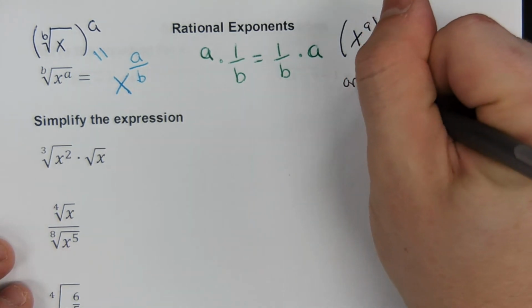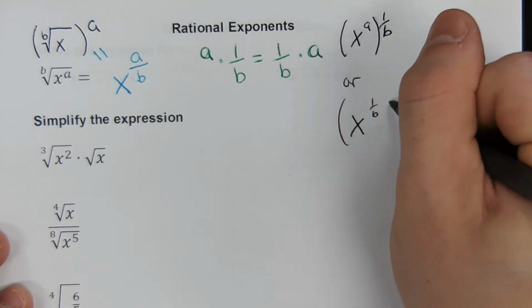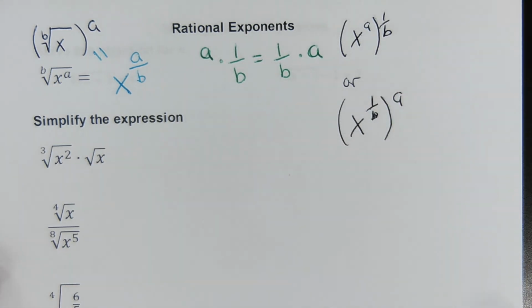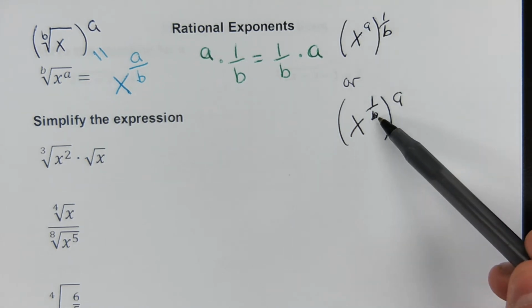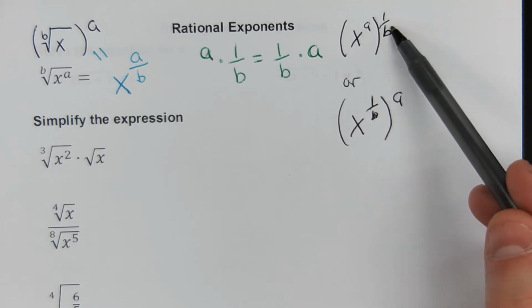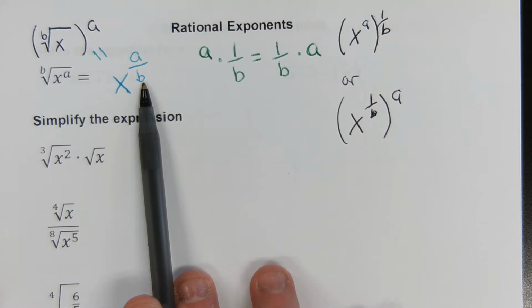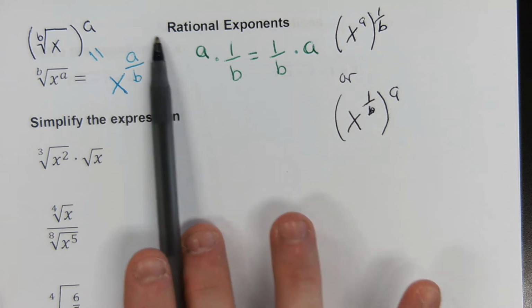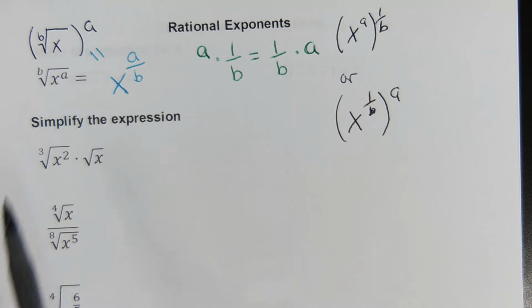Or I could have said it was x to the 1 over b raised to the a. Again, when you raise a power to a power, you multiply the exponents. And either way I write it, either with the a on the x or the 1 over b on the x, power to power is still going to give me this result. What I'm trying to get you to see is that if you have a fractional exponent that has a numerator and a denominator, you can write it in either of these two formats, whichever one is more useful for you.